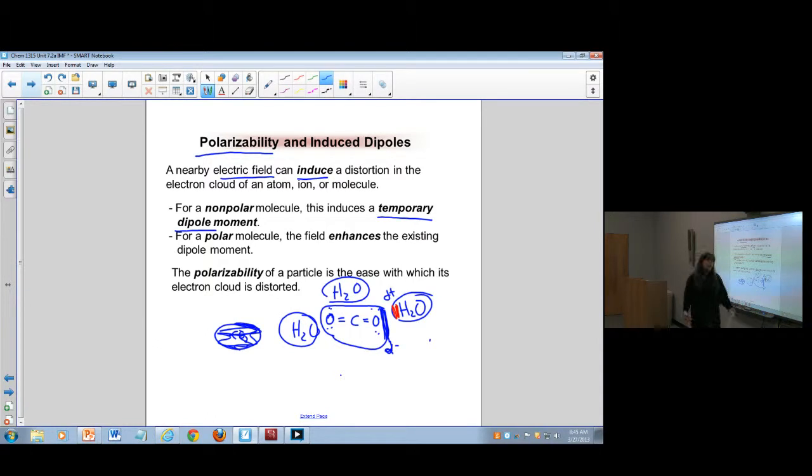All right, now in polarizability, when it's a nonpolar molecule, this is what we're talking about here, nonpolar, you get a temporary dipole moment. Now, if we were talking about a polar molecule, then we would find that this polarizability enhances the dipole moment. What is polarizability?